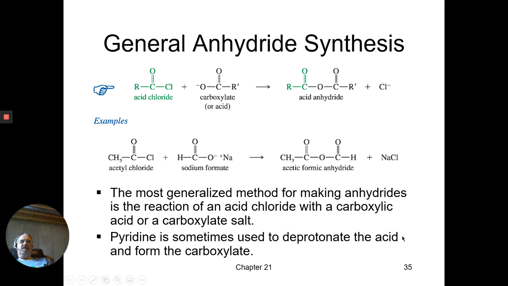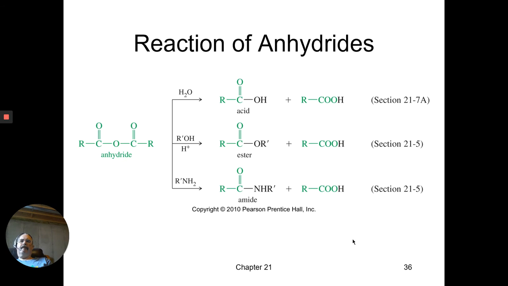Pyridine is sometimes used to deprotonate the acid and form the carboxylate. Anhydrides undergo hydrolysis to form carboxylic acids. They can react with alcohols to form esters, with amines to form amides. And notice that the byproduct in all of these is a carboxylic acid.